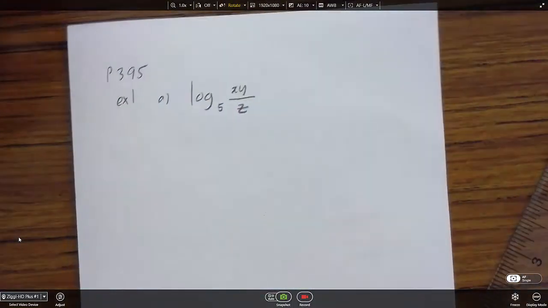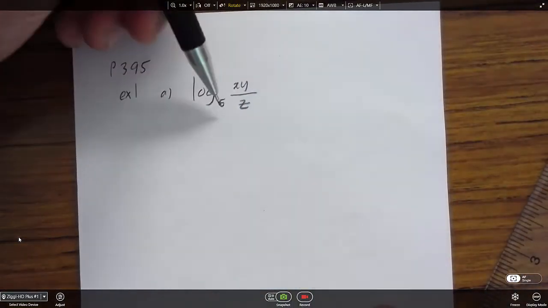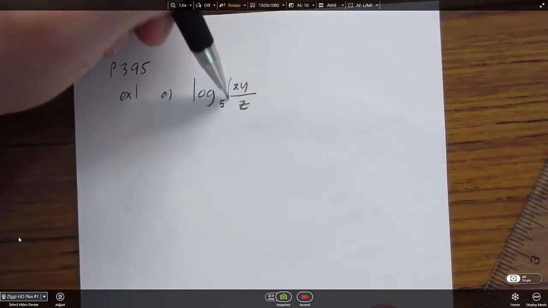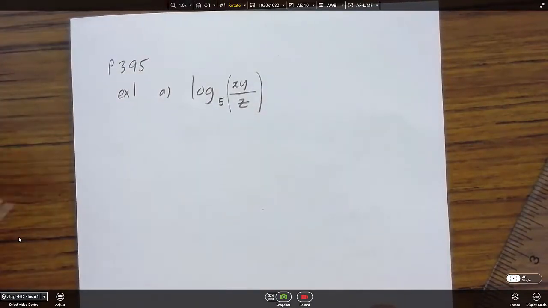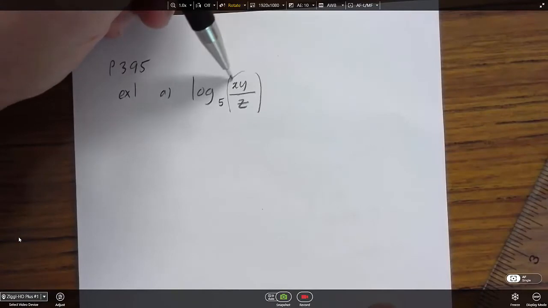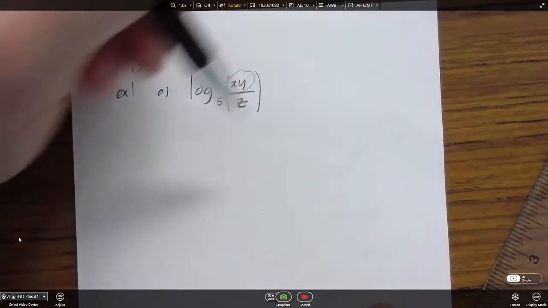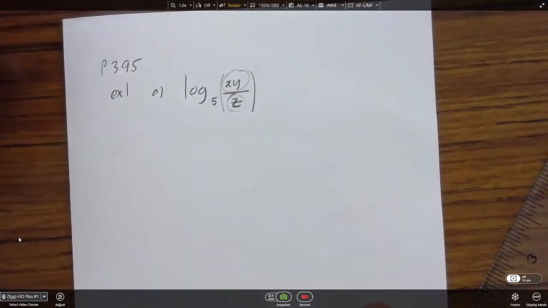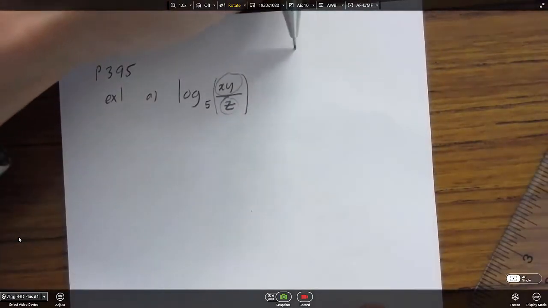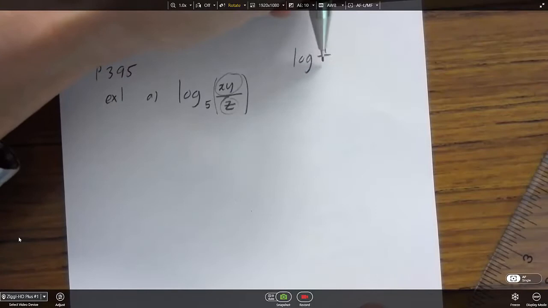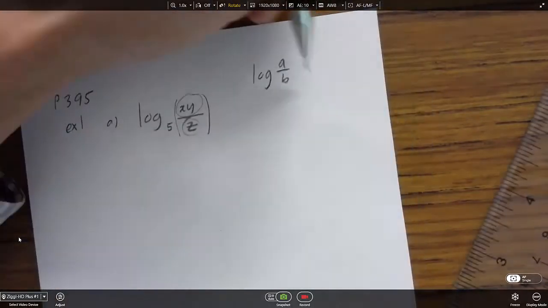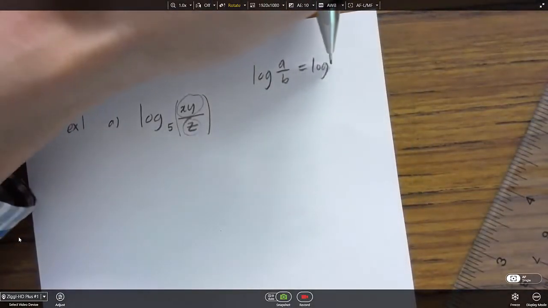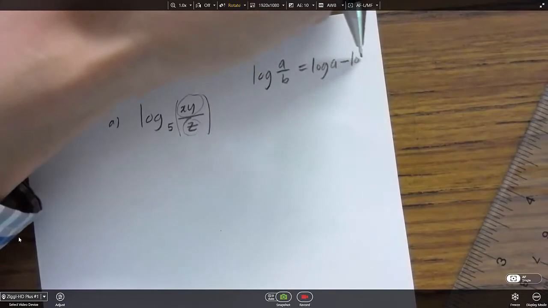Okay, so let's try this log question. We have log base 5, and we have this question here. There's a hidden bracket here. So I want you to think of this as log numerator over denominator. And the rule is that when we have log a over b, this is equal to log a minus log b.